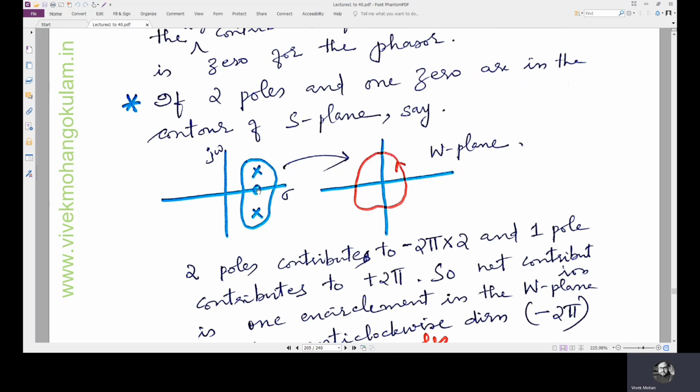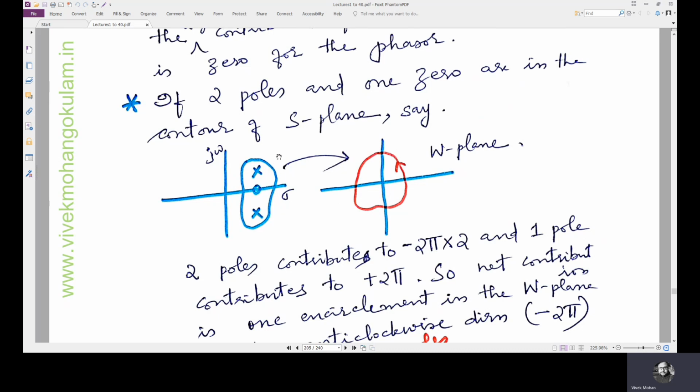But there is one 0. Correspondingly, we have a minus 2 pi here. So basically, one plus 2 pi is there, right? Equivalently, the total contribution is plus 2 pi. That means one encirclement around the origin, right?